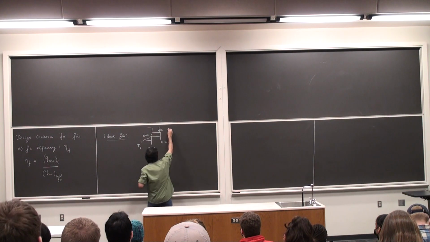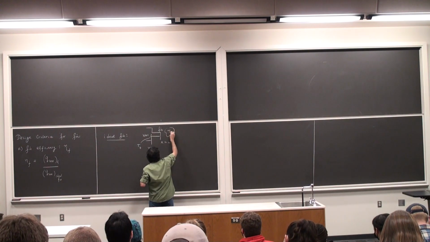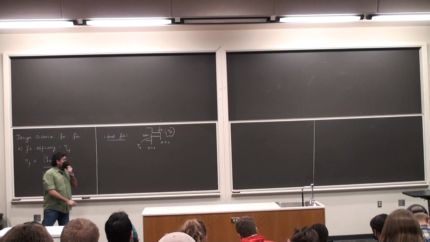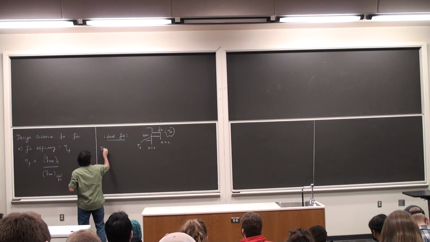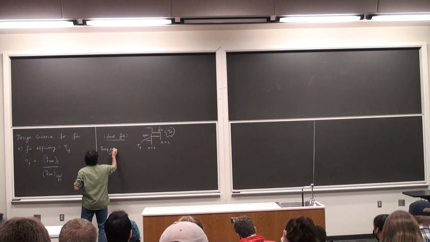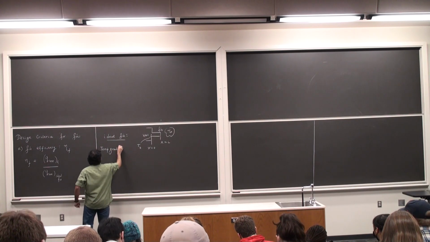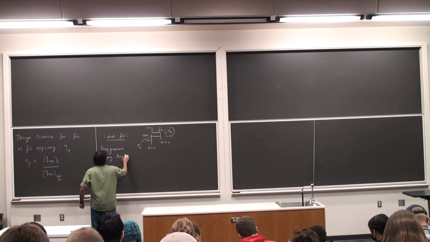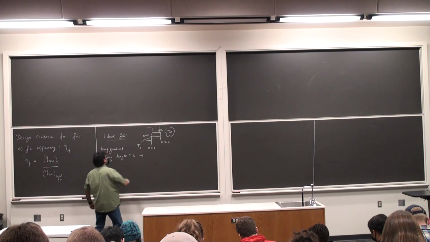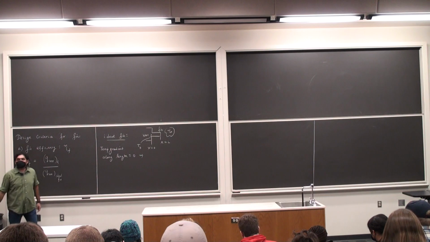So if ambient is T infinity and so on. So an ideal fin is a fin where the temperature gradient along its length is 0, which implies that each and every point on the fin is at the base temperature.